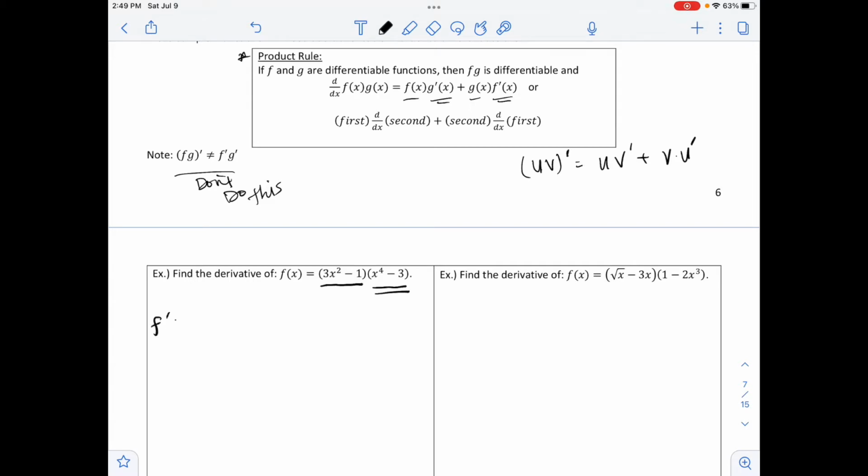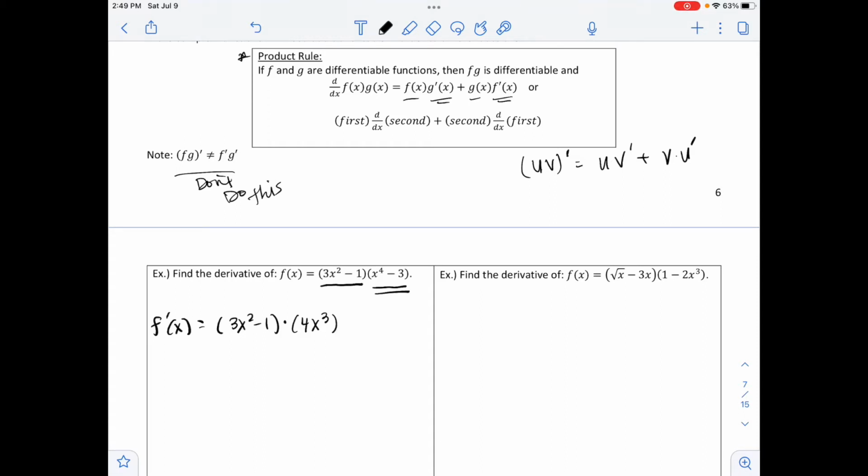So taking the derivative, I'm going to say f prime of x is going to be equal to the first, which is 3x squared minus 1, times the derivative of the second. And the derivative of the second is going to be 4x to the third minus, and the derivative of 3 is just 0, so it's just going to be 4x to the third.